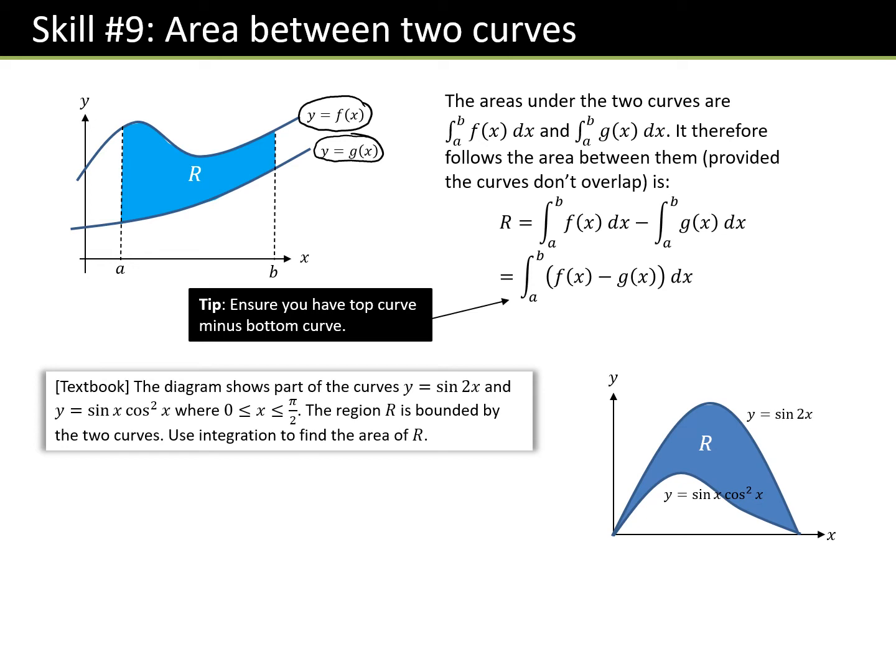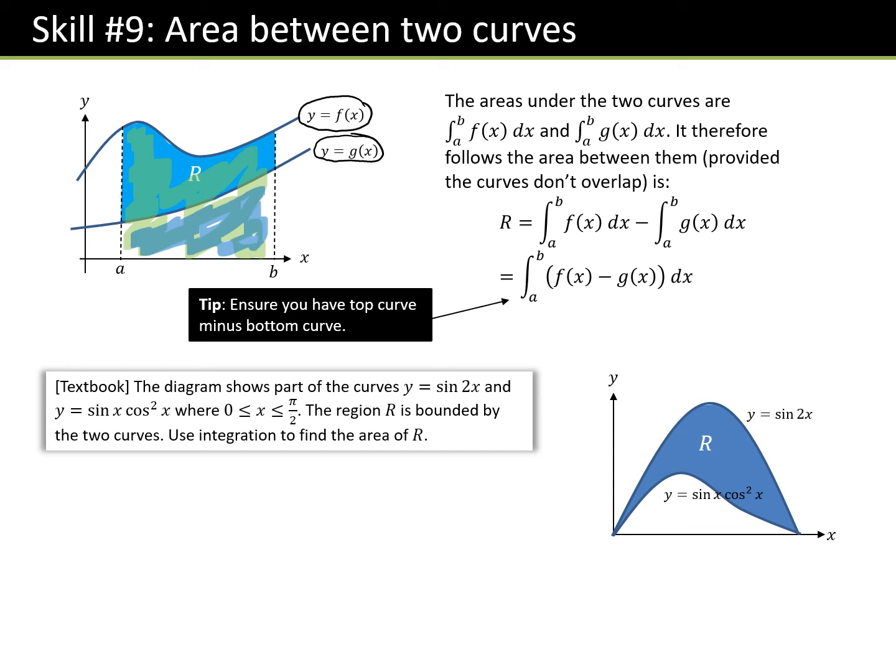So find this massive area here, and then you can take away the area between g(x) and the x-axis to find the shaded area up there.